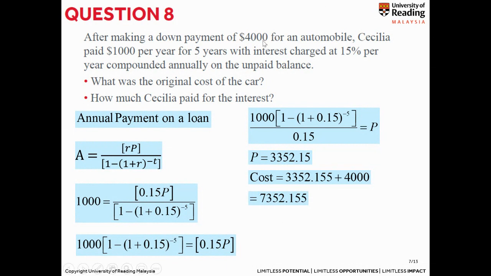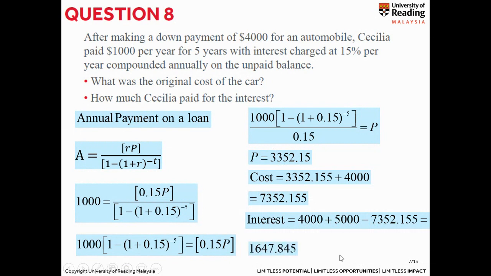Remember, she made a down payment of 4,000 plus every year she paid 1,000 for a total of 5 years. Therefore, the total amount she paid is 4,000 plus 5,000 minus the cost of the car. That will give you the interest that she paid for the period of 5 years.